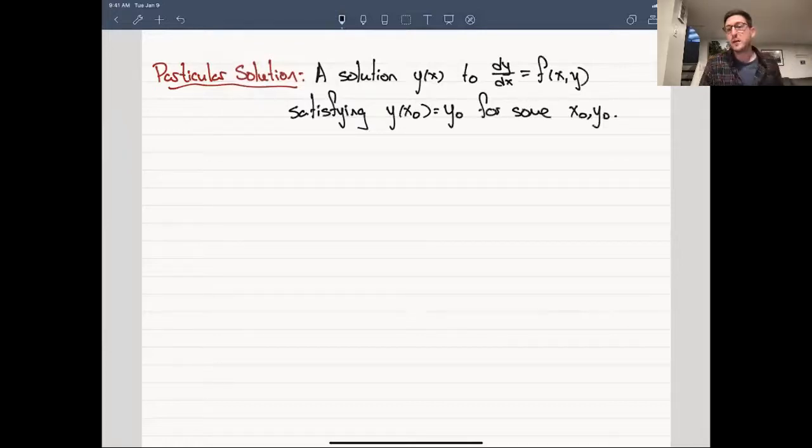So you can think of this as being sort of like an initial data problem, right? So if you're thinking of this as finding, if you know the slope or the velocity of your object in terms of where it is in space and at what x value. So if you think of that as time, as when, then you need to know a particular value.